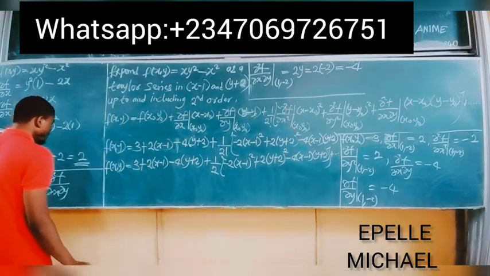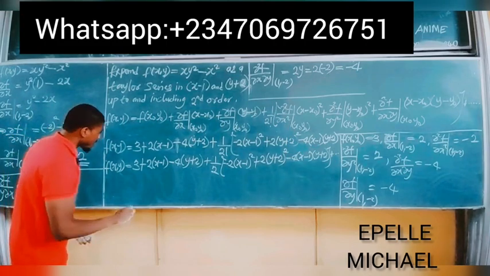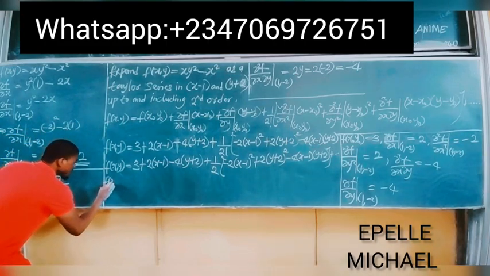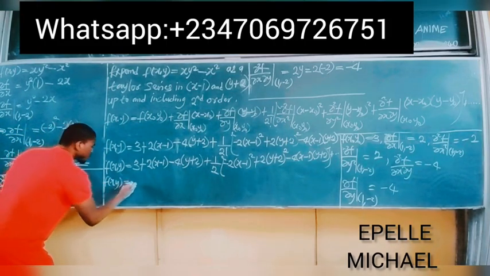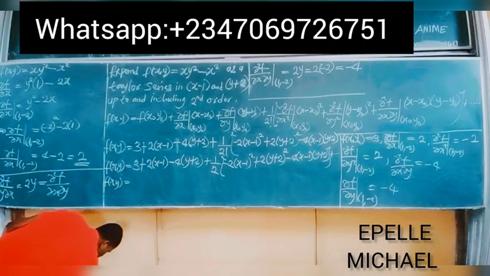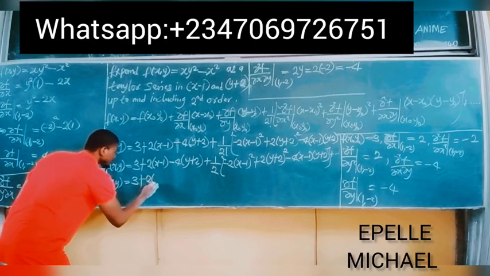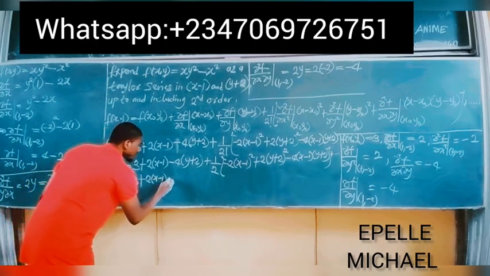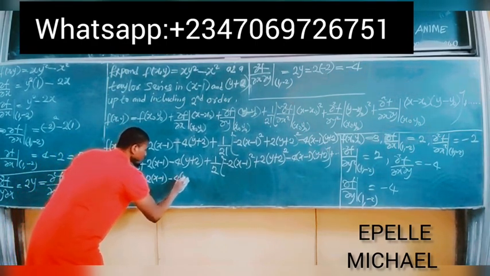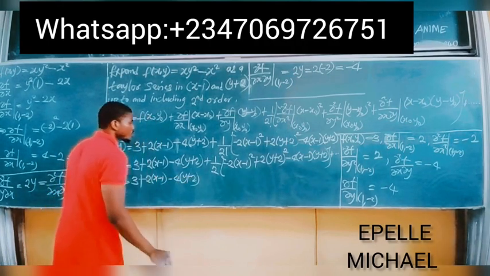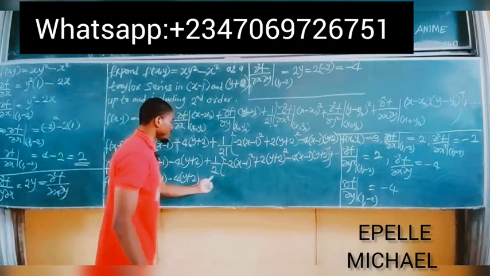Okay, so let's evaluate. We'll have f(x, y) equal to 3 plus 2 into (x minus 1) minus 4 into (y plus 2). So I will expand the whole of this bracket with 1 over 2.